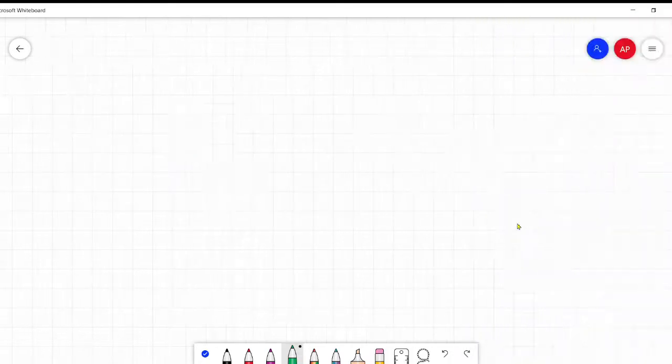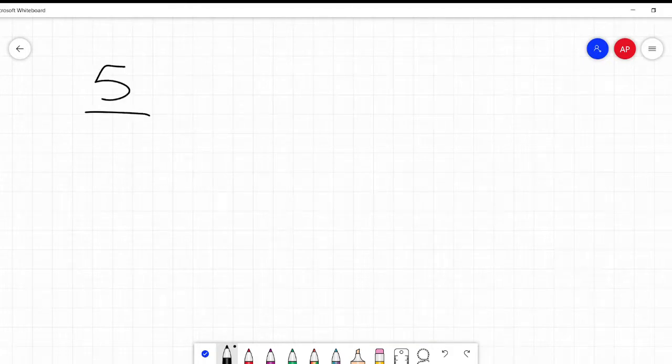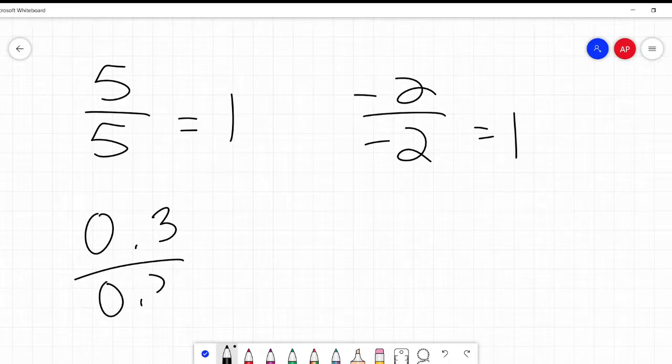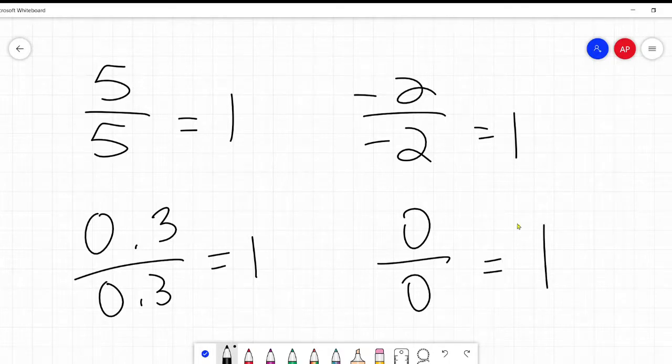You could also make the argument of saying, well, 5 divided by 5 is 1. -2 divided by -2 is 1. 0.3 divided by 0.3 is 1. All numbers divided by themselves are 1. So 0 divided by 0 will be 1. That's another argument that can be made. Every other time when we're dividing something, we get a definitive answer.